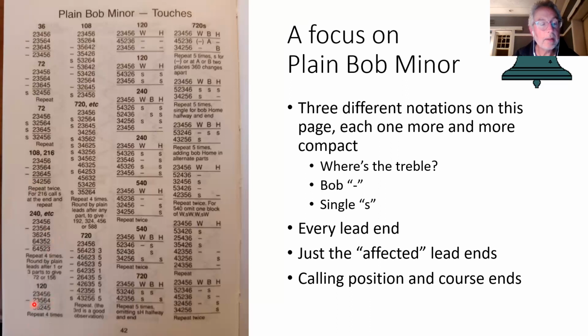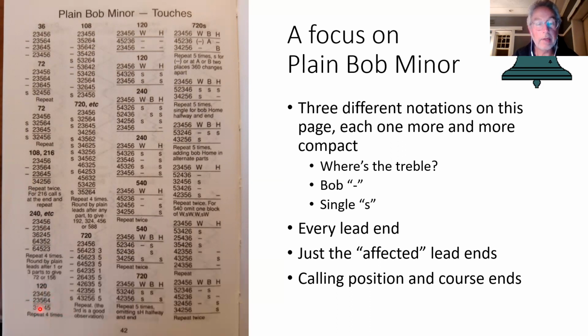This one here, 120 changes. That's handy. So you see the 6 is in 5th position at the call. So it's in its wrong position. And then there's a plain. And again, that part end, 3, 6, 2, 4, 5.